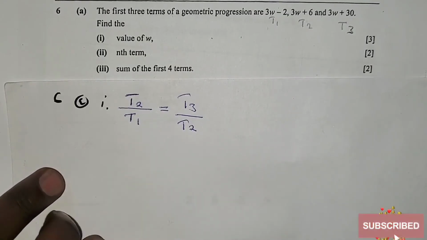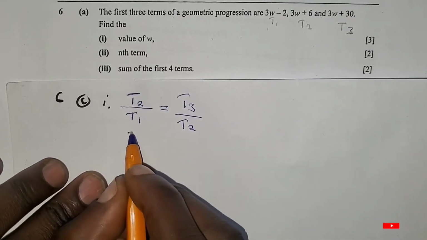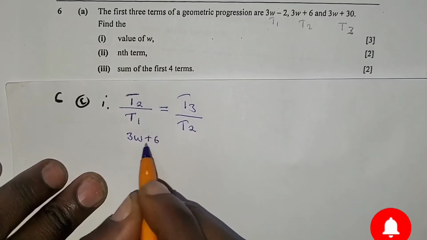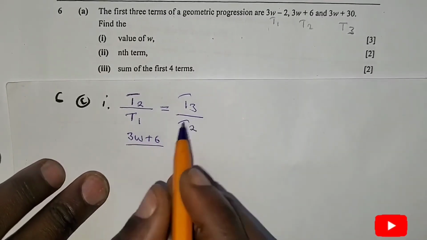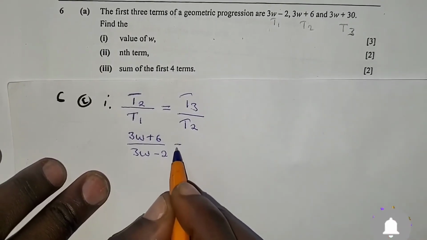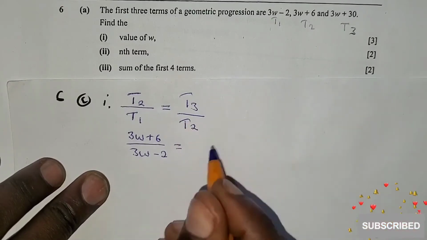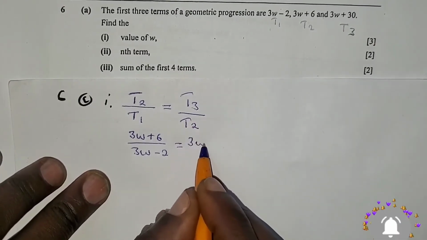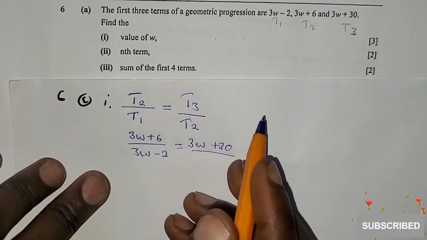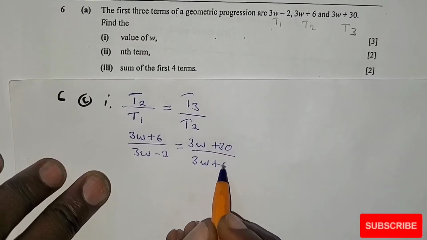So let's substitute. T2 is 3w plus 6, divided by T1, which is 3w minus 2, is equal to T3, which is 3w plus 30, over T2, which is 3w plus 6.